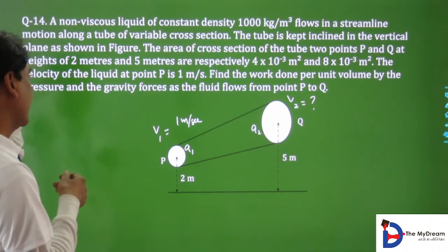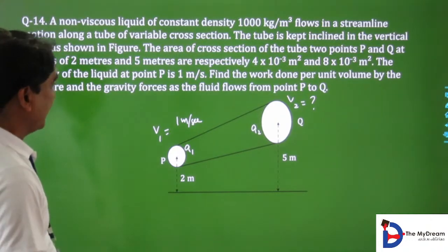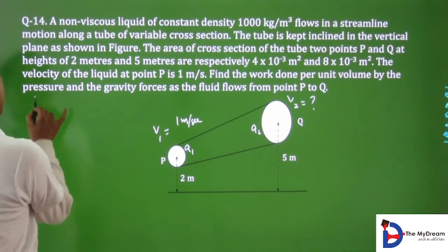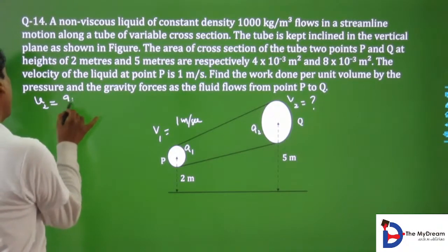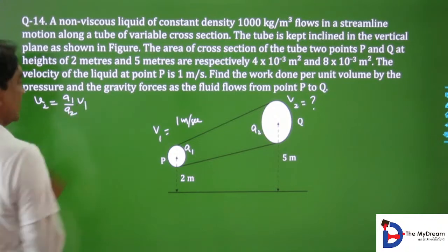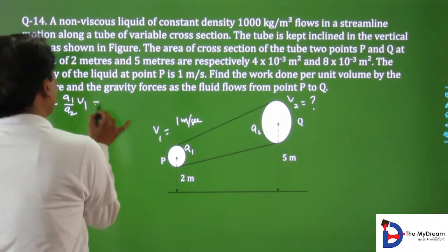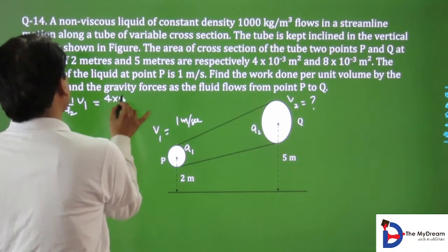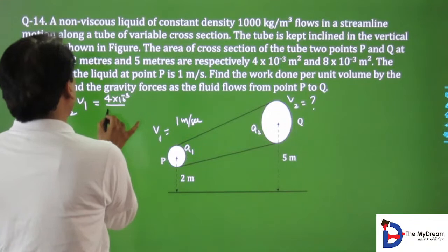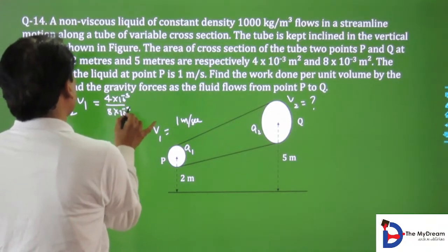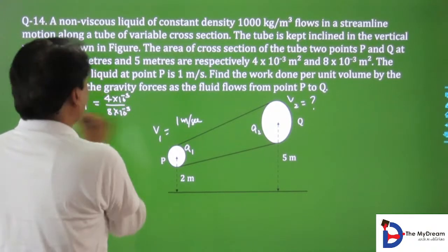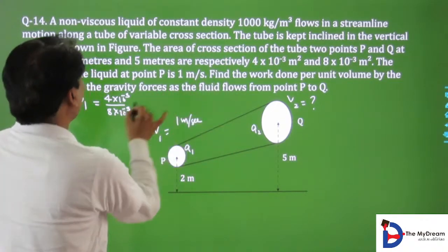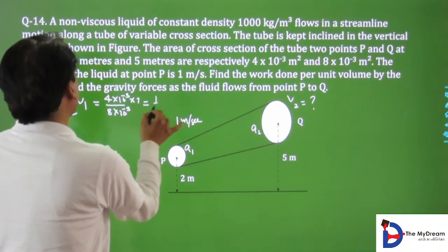First of all, you can find out V2. V2 is equal to A1 upon A2, that is V1. A1 is 4, A2 is 8. I am simplifying it, doing it directly for you. V1 is 1, so it will become 0.5.